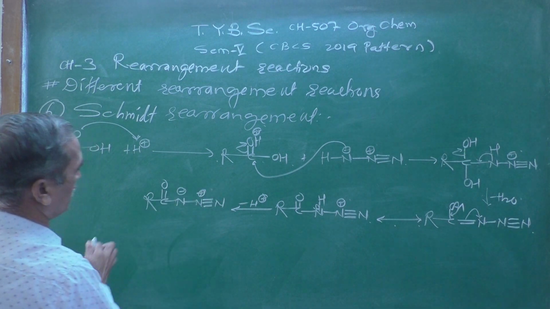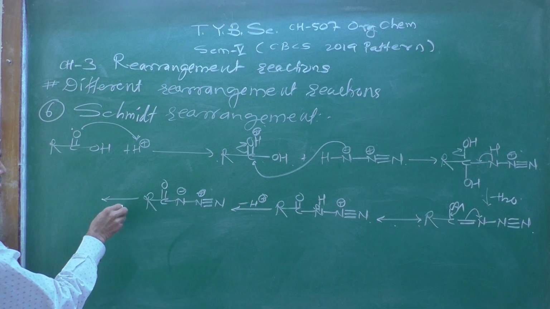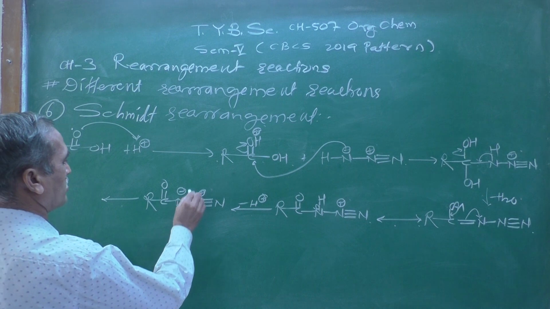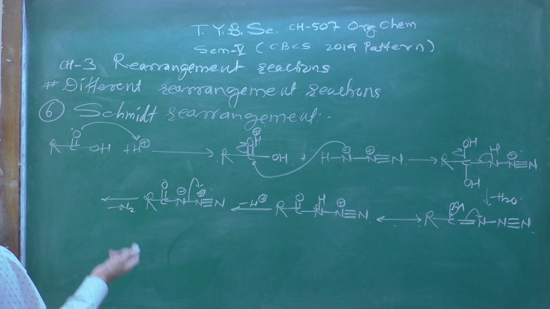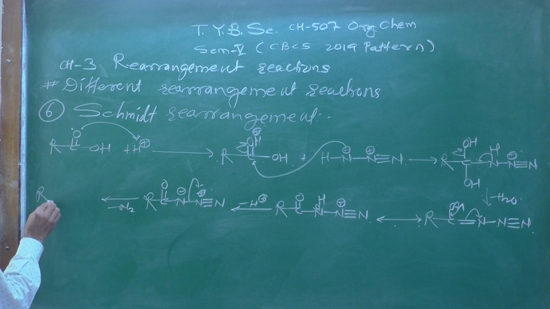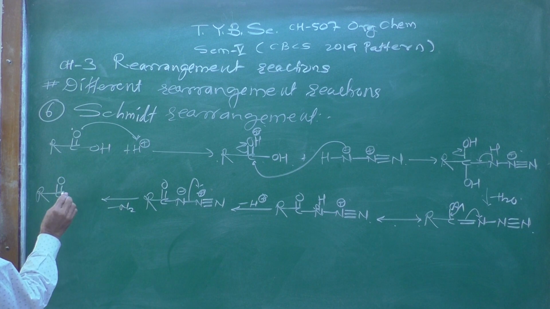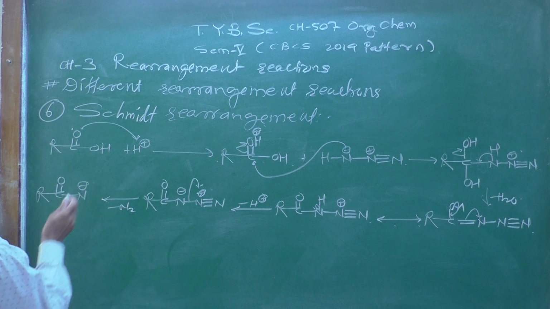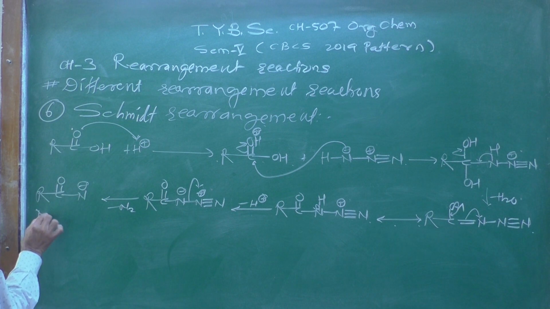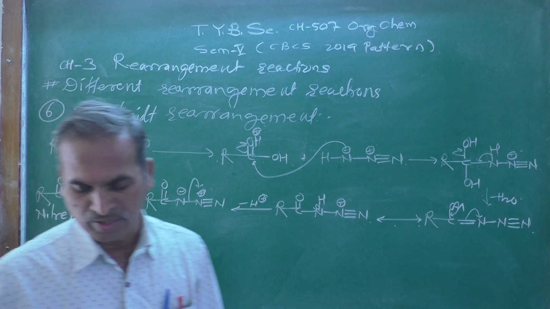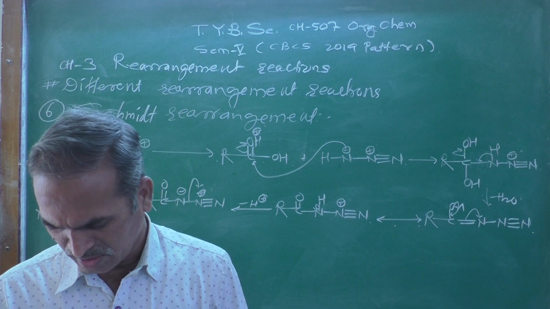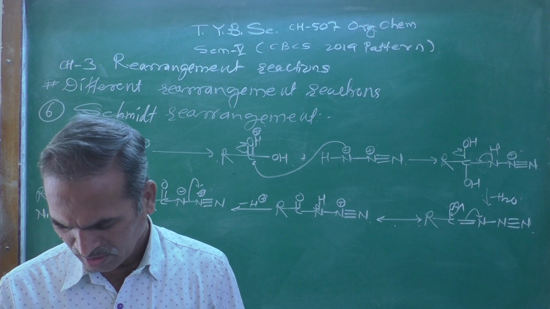positive charge on the middle, and then in the next step there is an elimination of nitrogen molecule that goes in the atmosphere. The species which we are going to get here is N minus, that is a nitrene. It is known as a nitrene species.